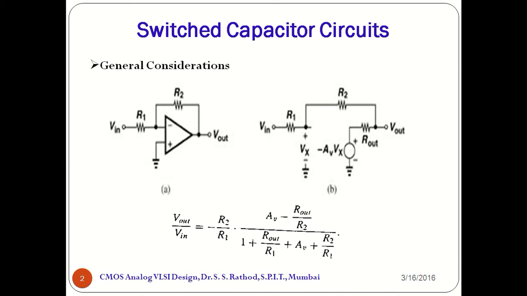So today we will discuss this kind of discrete time system called SC or switched capacitor circuits. This lecture is basically to provide the foundation for more advanced topics such as filters, comparators, ADCs and DACs.